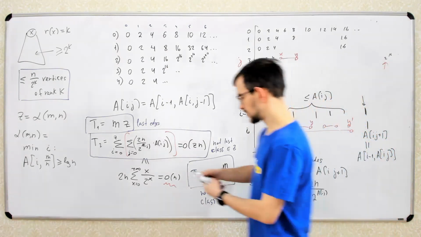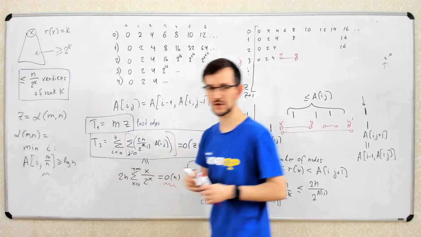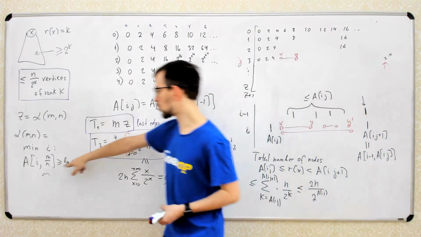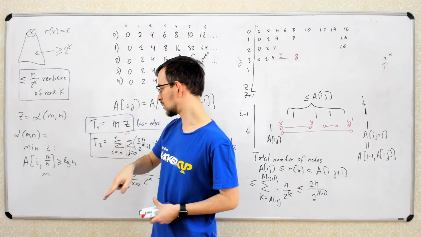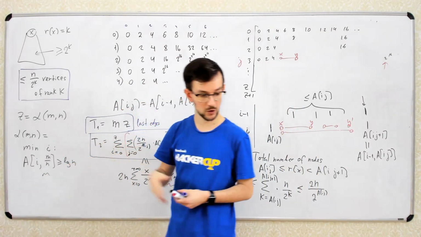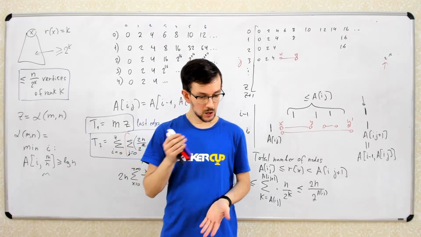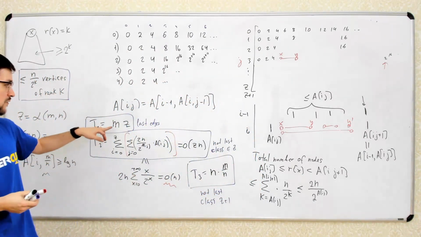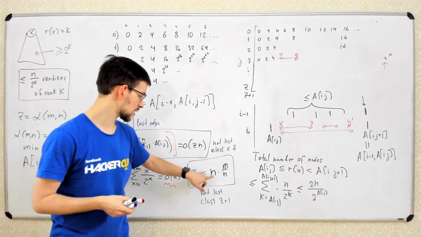Again, this is because of this. We especially pick the number of layers in such a way that in the layer Z, there will be no more than m over n values, no more than log n. Here we have mz, here we have nz, here we have n.